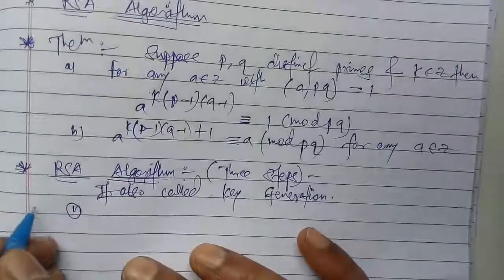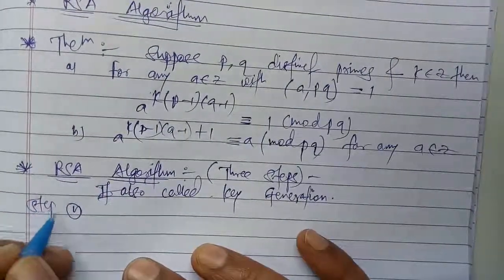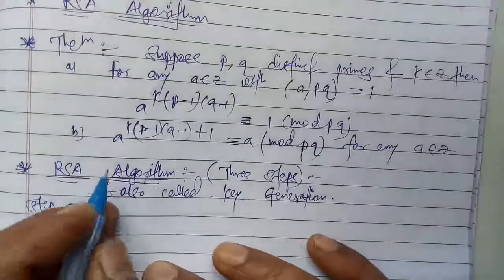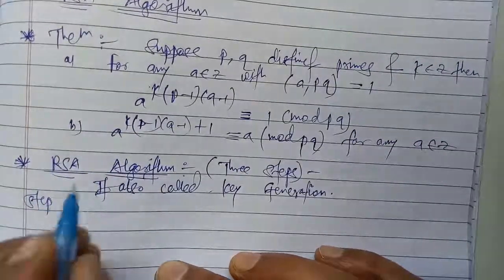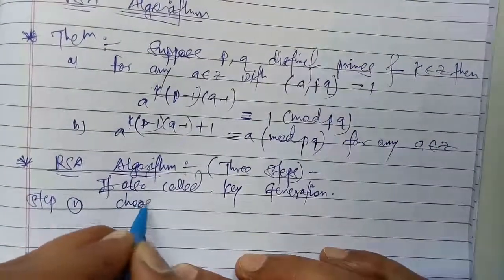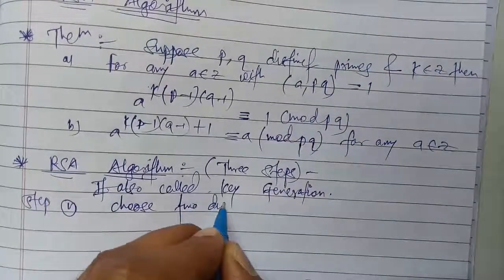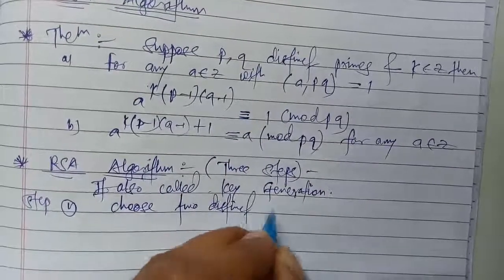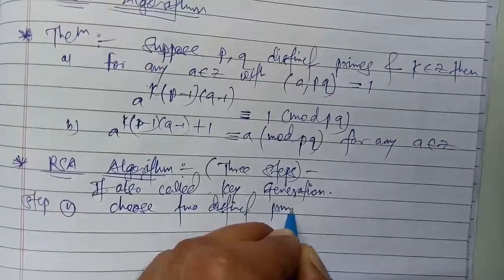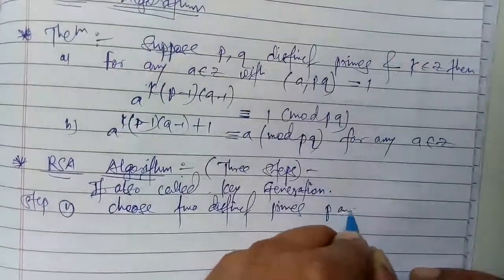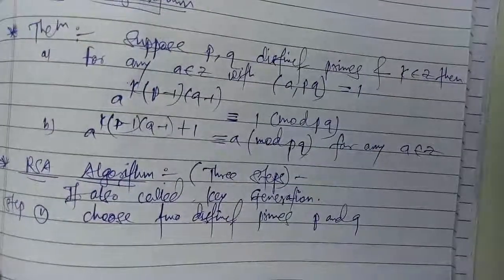So your first step is to choose two distinct primes, small p and small q.